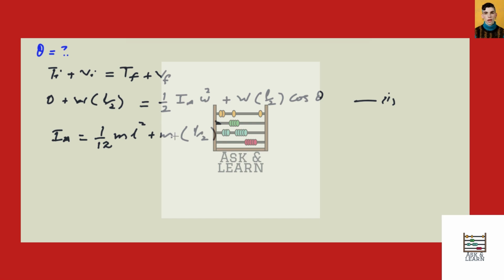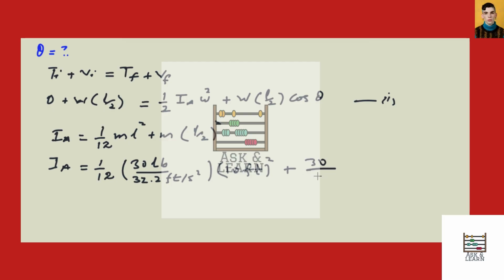Now by inserting values into this equation, we can write this Ia is equal to 1 divided by 12 into m, which is equal to 30 lb divided by 32.2 feet per second square into L, which is equal to 10 feet whole square plus 30 divided by 32.2, lb ft per second square into 10 feet divided by 2 whole square.